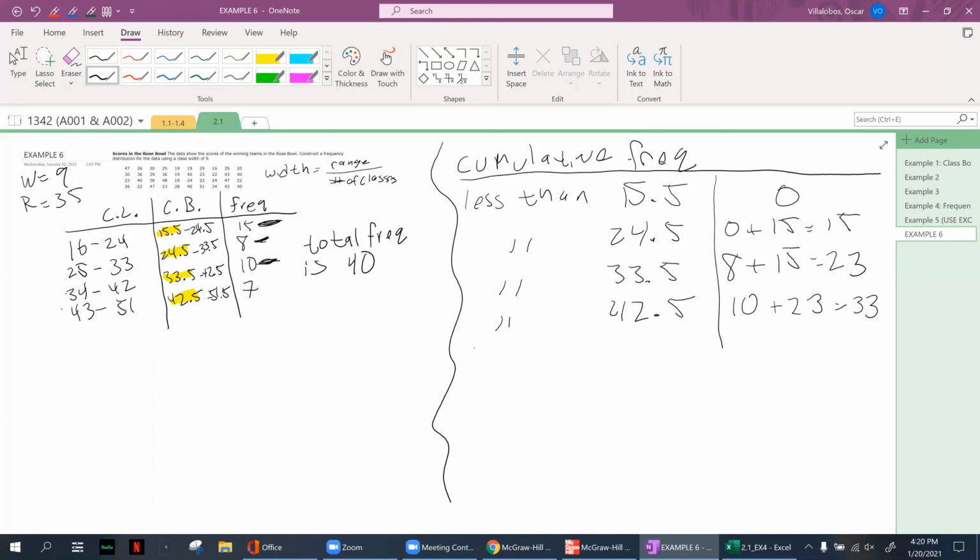Oh, I'm missing one more, right? Less than 51.5. This is going to be 7 plus the previous value, 33, which is 40, right? And if you notice what I used here, because sometimes we may miss a row accidentally, I had to use all these values.